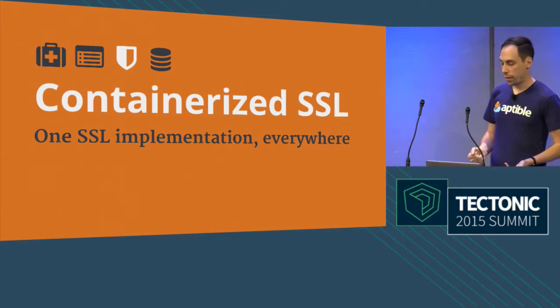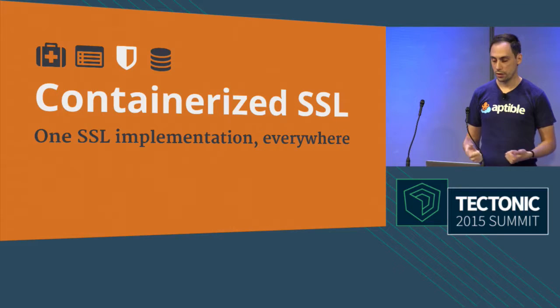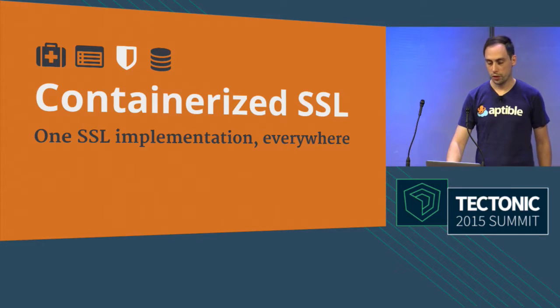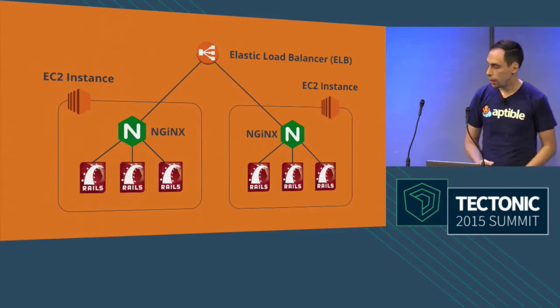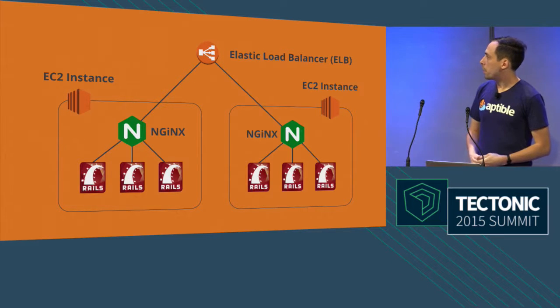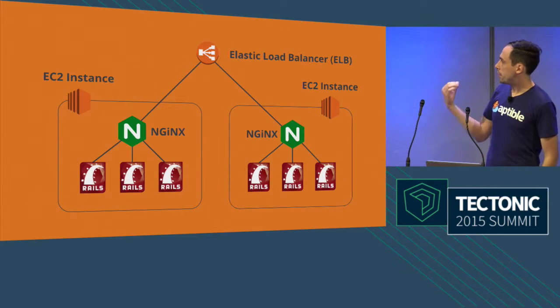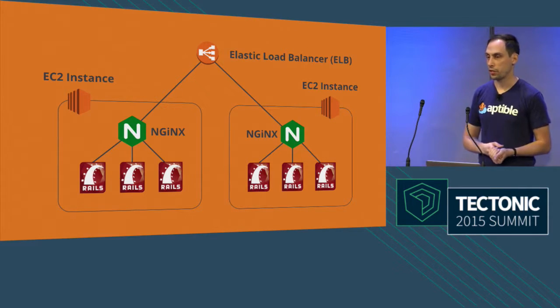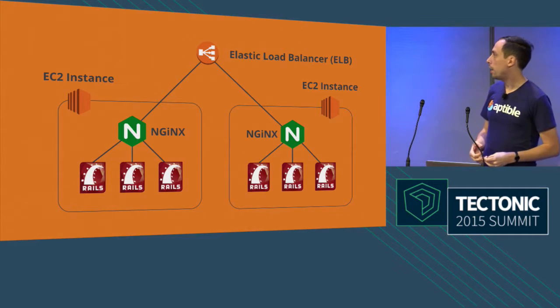To illustrate the power of containers, I'd like to walk through two use cases from our systems at Aptible, and ways that we use containers to standardize our systems and manage security and compliance. The first is our containerized SSL implementation. This diagram illustrates the request flow for a customer Rails application that we're hosting. We've got several Rails application containers distributed across multiple EC2 instances.